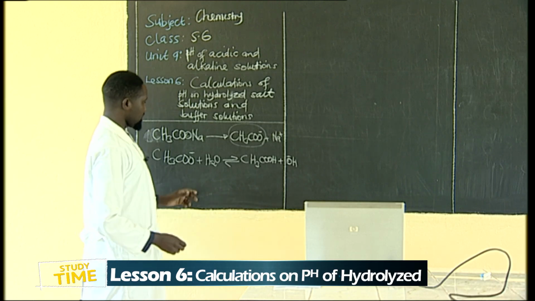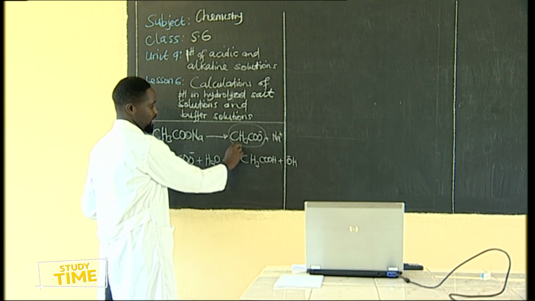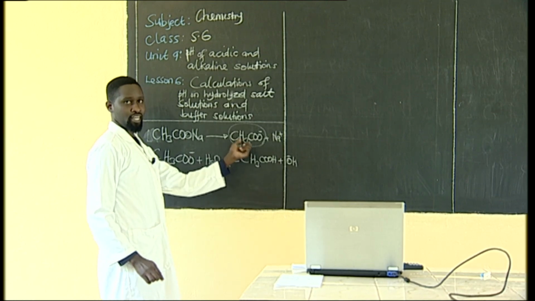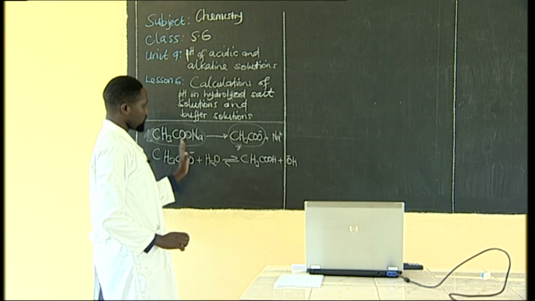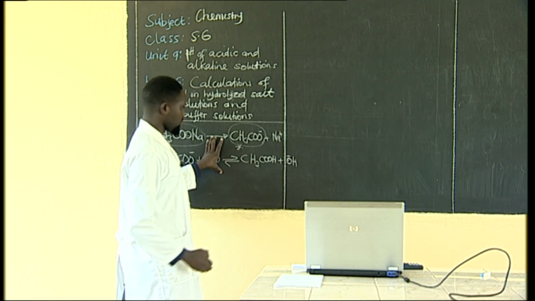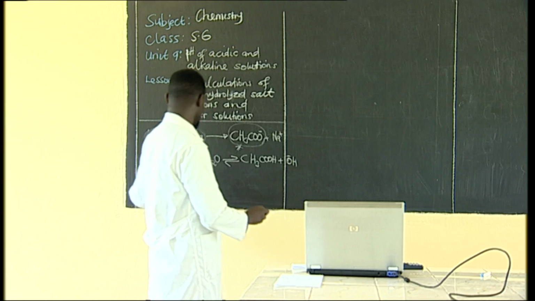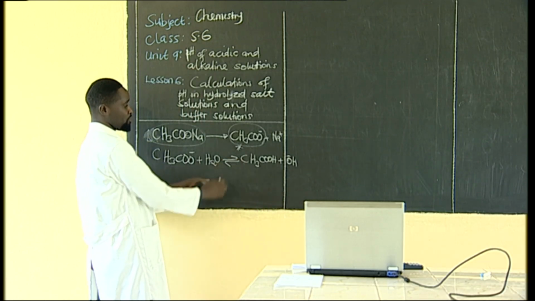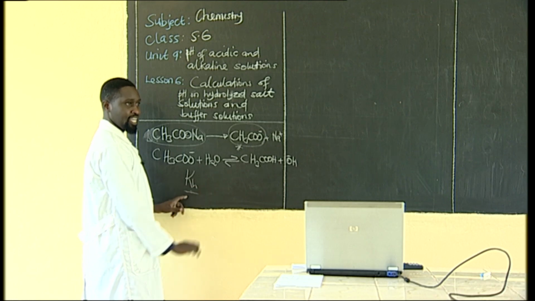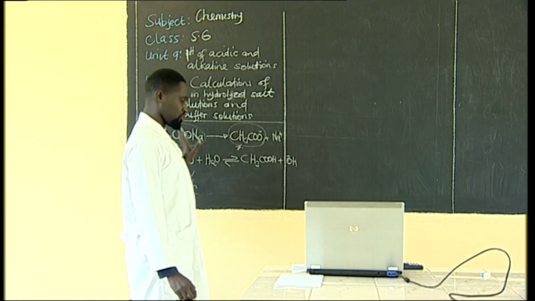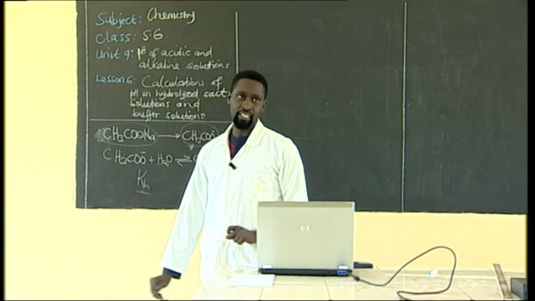So basically, hydrolysis is the reaction of either the anion or the cation of the salt with water. This is just the equation; the states we shall see later on in our example. This equation sets up an equilibrium, and its equilibrium constant is what we take as KH, the hydrolysis constant. That is why I needed to bring it in here.